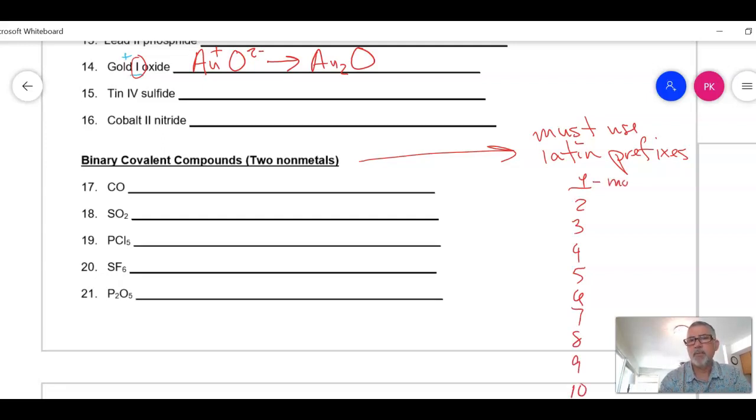One is mono, but I'm going to say that's not used on the first element.